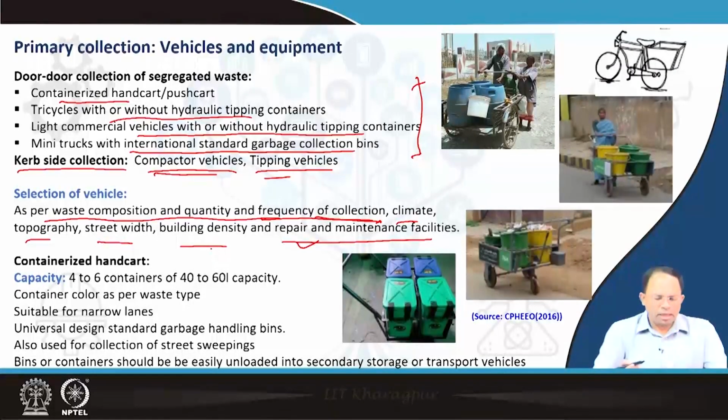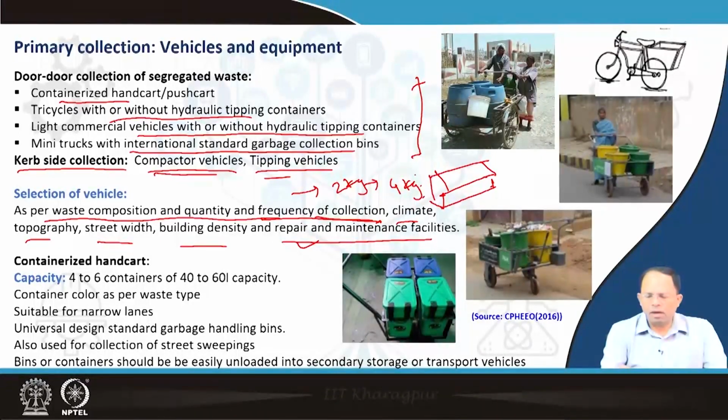For example, if I collect waste every 2 days, that means obviously the waste content would be doubled, right? So if a normal household generates 2 kilograms of waste, then if it is collected every 2 days, it will become 4 kilograms of waste. Now suppose the capacity of that particular vehicle is 40 or 50 kilograms.